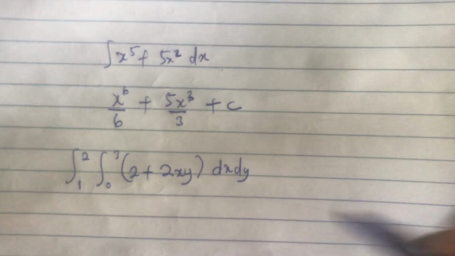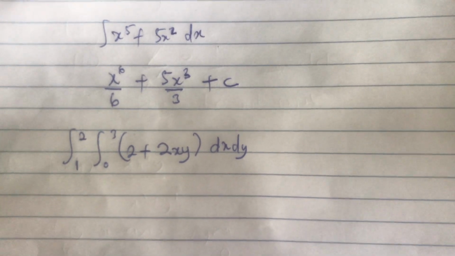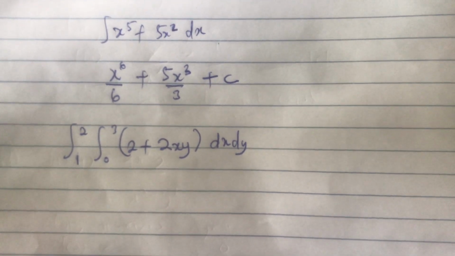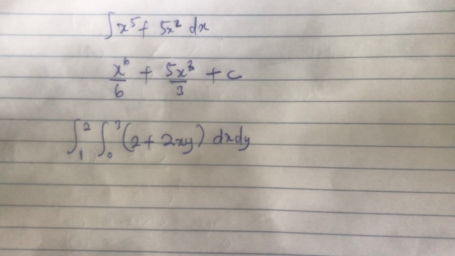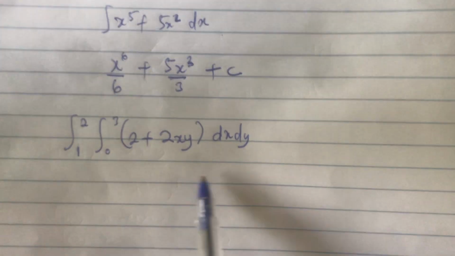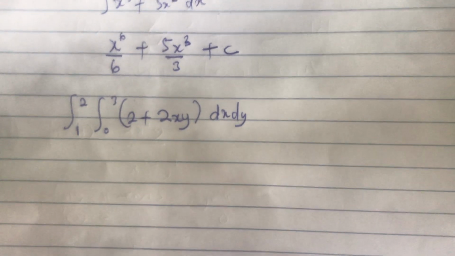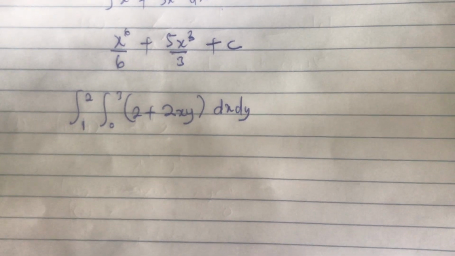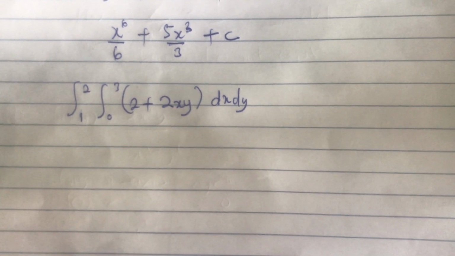The dx dy is the same as dA. In some books, instead of using dx dy, they write dA. So here we are going to find the double integral of this particular question. So now, see here we have the x coming first, followed by the y. So what it means is that the limit for dx is 0 to 3, and the limit for dy is 1 to 2.